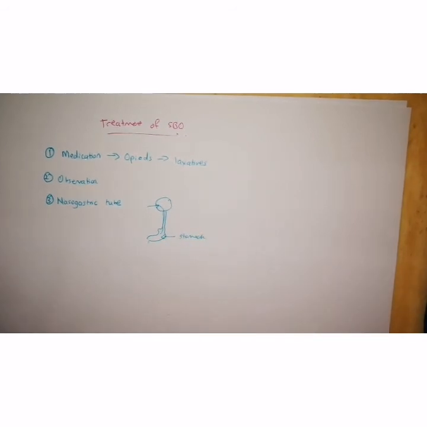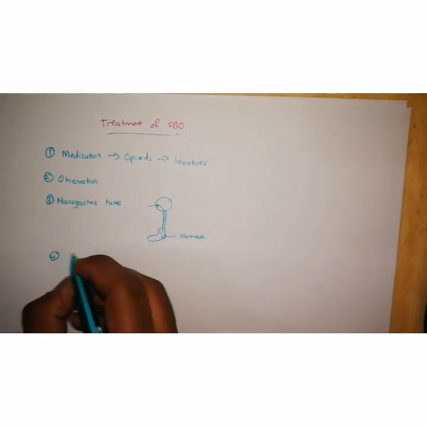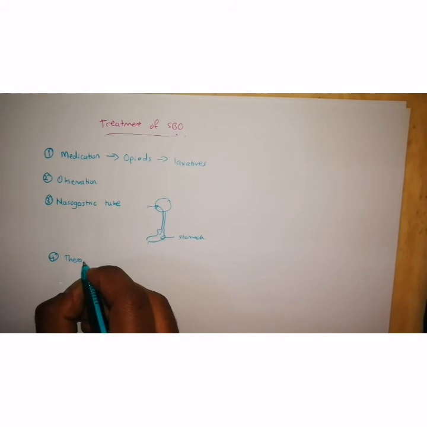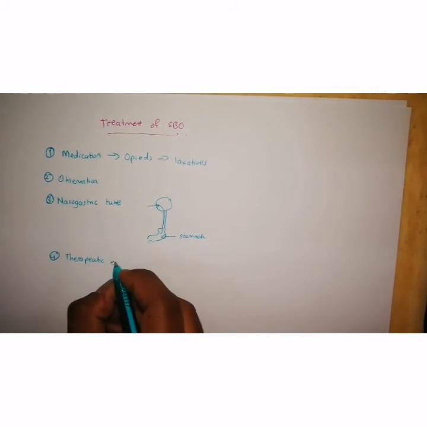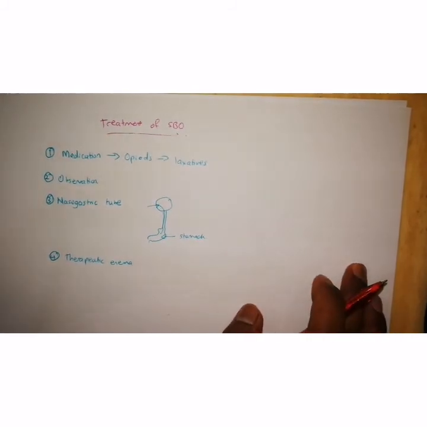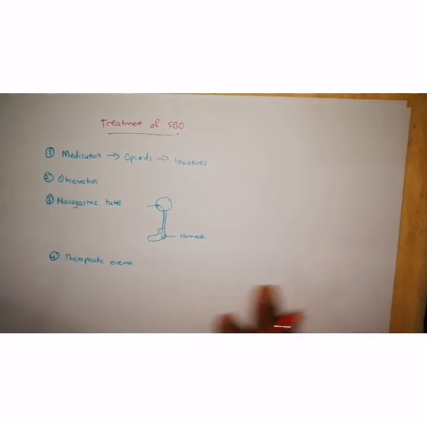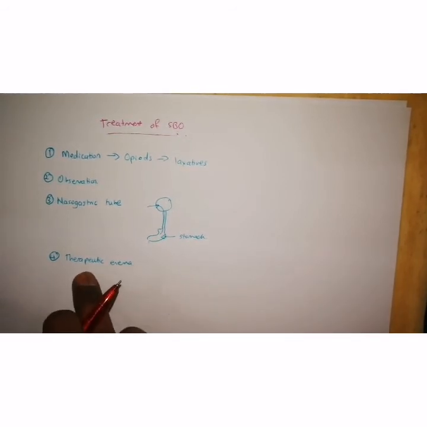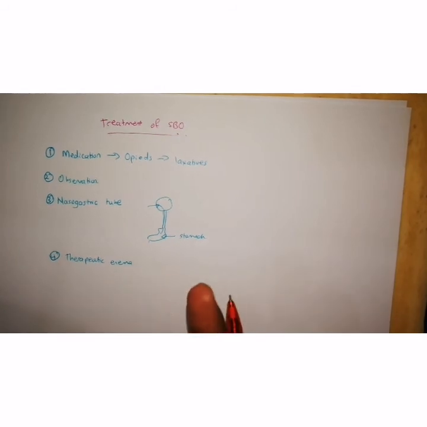Okay, next you have therapeutic enema. Basically enema is a medication that will be pushed into the bowel to try to relieve the stool impaction. As we all know, the doctors used to give this for people who have severe constipation.